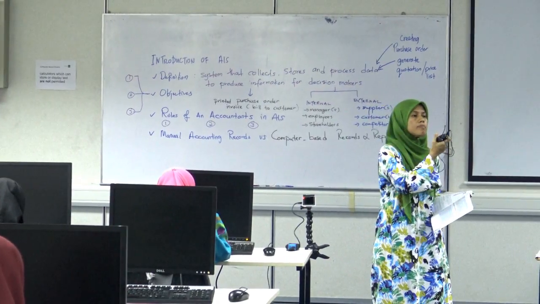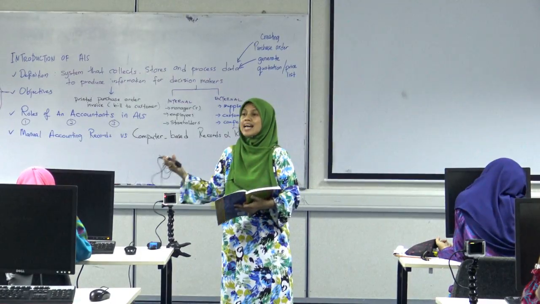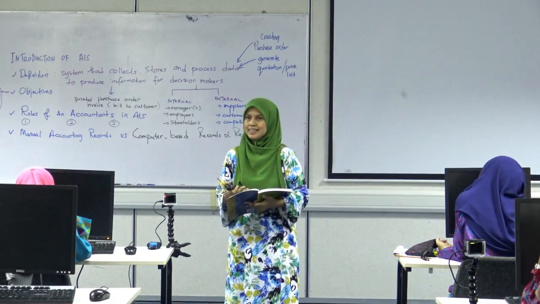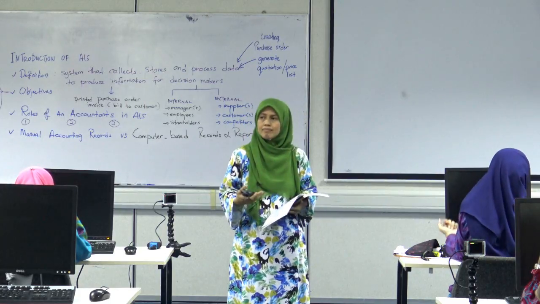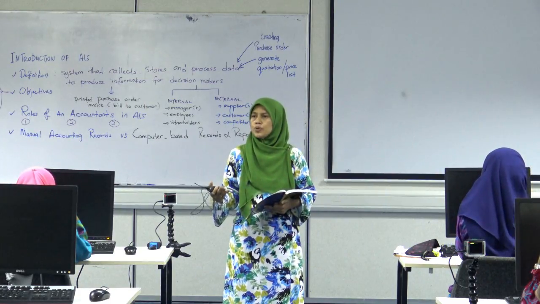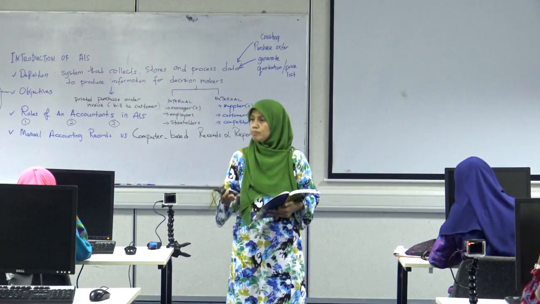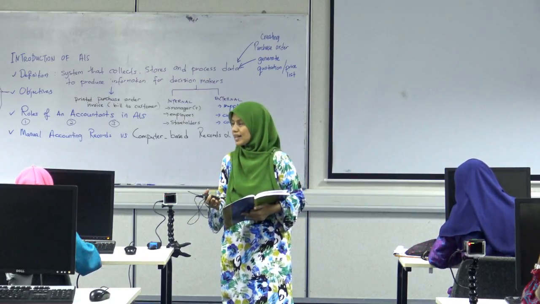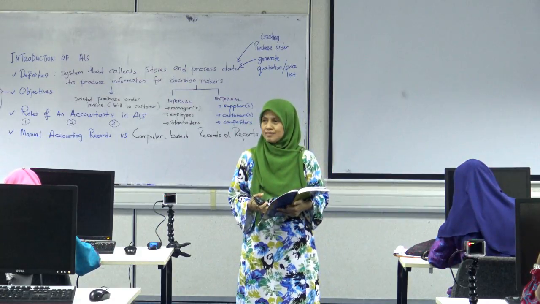Not all officers or clerks or accountants can access other people's work. So that if, let's say, any mistake is made, they can trace who is the person that will take responsibility.